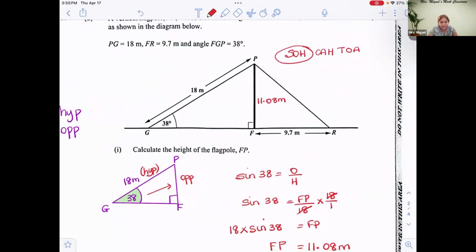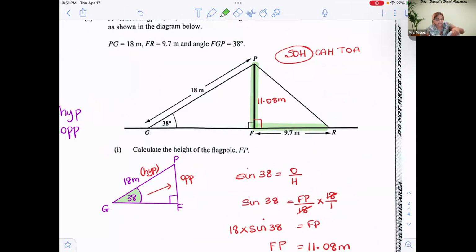Now, in a straight line, we have angles that give us 180. So this is 180 degrees. If I know the length of this line, and I know the length of this line, I could use Pythagoras' theorem.